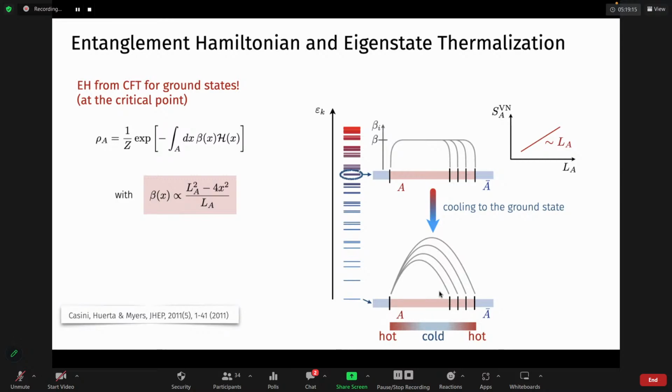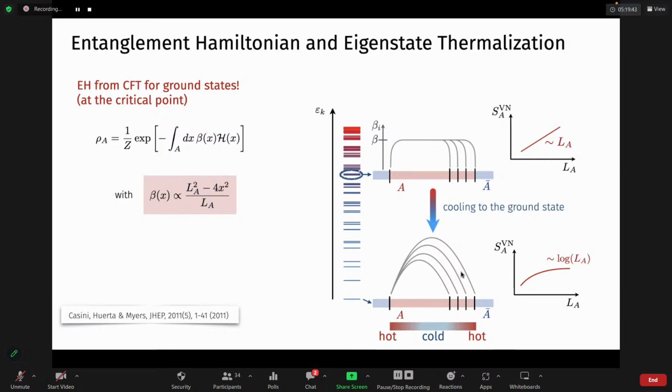So all that it means is that most of the entanglement your subsystem A has with the environment A bar comes from particles that sit at the boundary of the subsystem. So that's actually pretty intuitive. And if you plot here the von Neumann entropy as a function of the subsystem size, you will have an area law. And because we're sitting at a critical point, there will be a logarithmic correction to this area law. So this is at the critical point.